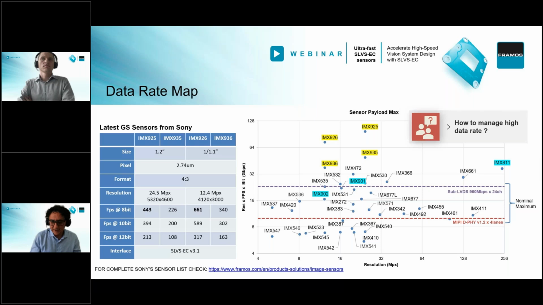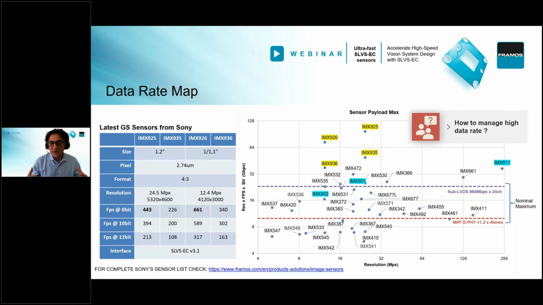This is an easy calculation. It's resolution by frame rate by bit depth. Of course, there is some overhead on top of that, but this is to give you in one picture what is the tricky point that we can solve with SLVS-EC actually, which is the new interface, because you see MIPI is very nice, very well accepted, widely used, but is not fast enough.